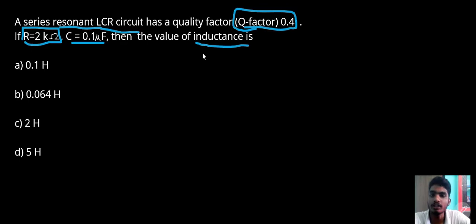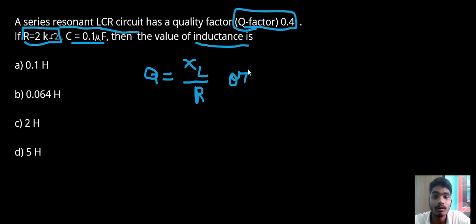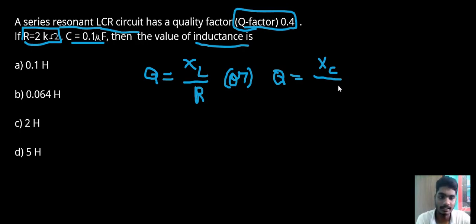According to the Q factor, what is meant by Q factor? Q factor is equal to the resistance acquired by the inductor divided by the resistance acquired by the resistor, or the Q factor can be explained as the resistance acquired by the capacitance in the alternating source divided by the resistance present in the series.